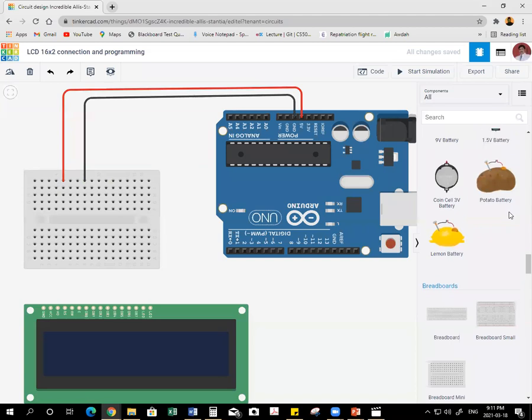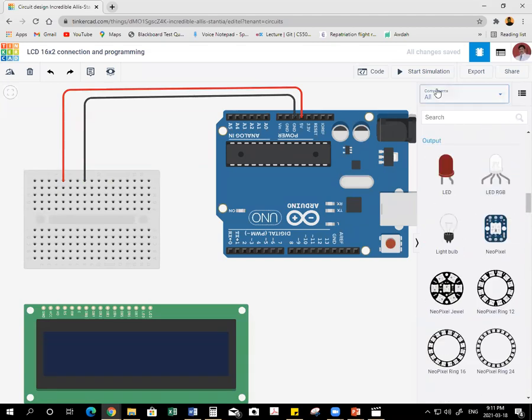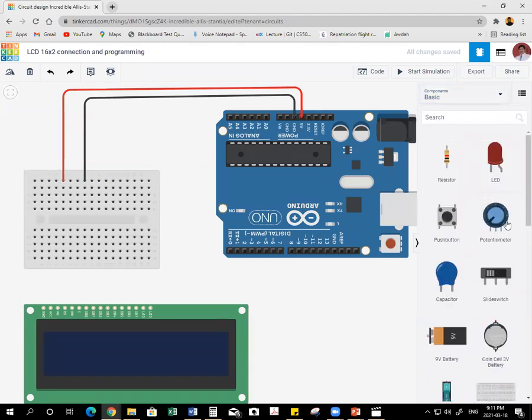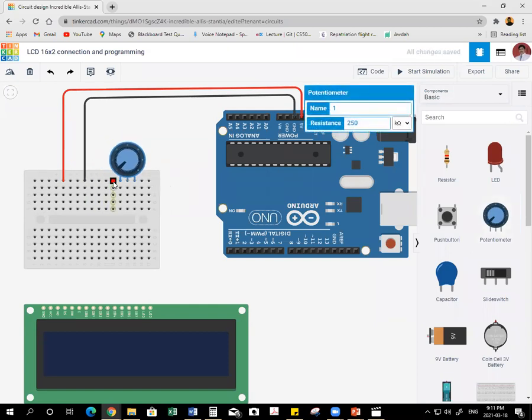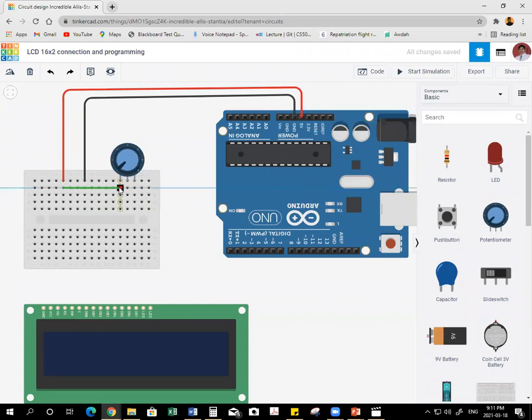Okay, now we need a potentiometer. We'll connect this potentiometer, as I told you, for brightness adjustment, contrast. The first and last pins get the supply directly to the potentiometer.